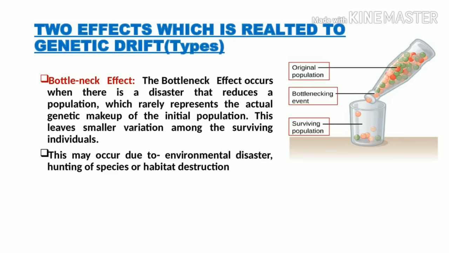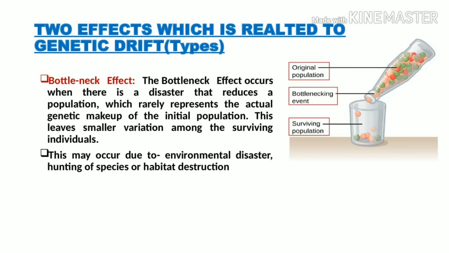So if you compare these different color balls with different types of allele which are present in the original population, then you can easily distinguish that one allele, that is the red allele, got eliminated from the population, and the surviving population is only going to represent the 2 types of allele. The third type of allele has already got eliminated.